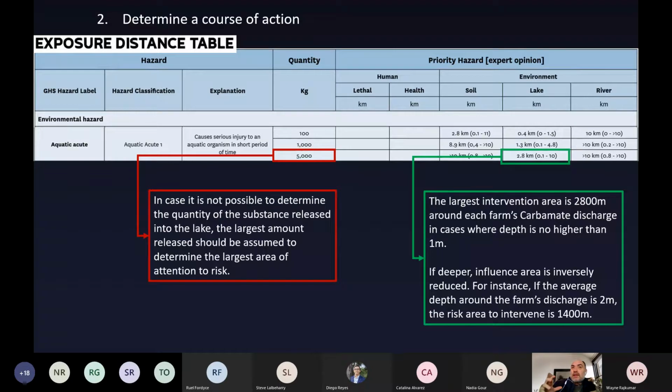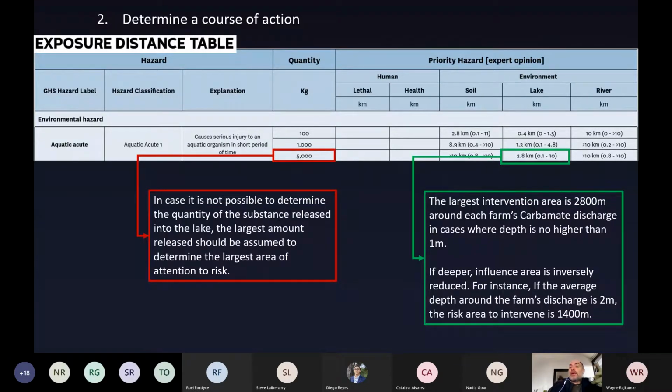I have a distance in which I can propose precautionary measures in an area from, as Diego says, the focus of the spill, 2.8 kilometers around, which is 2,800 meters.